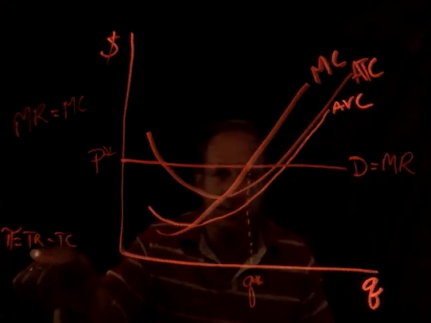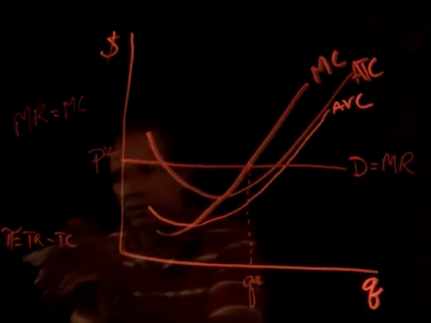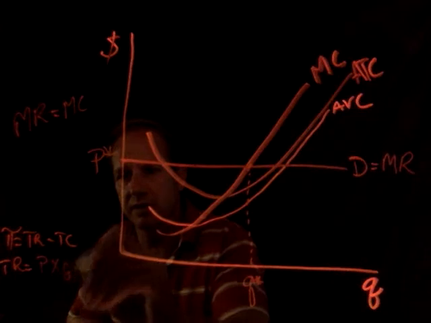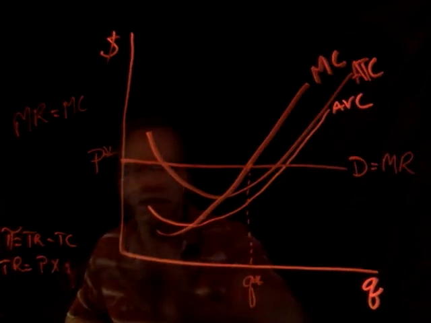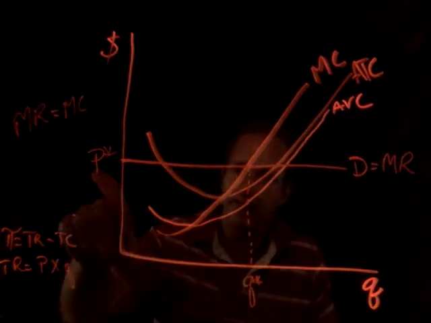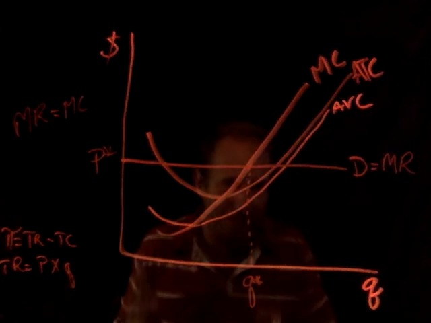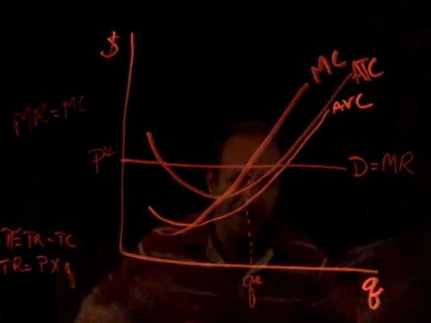Let's break these into their parts. Total revenue. What's total revenue? It's still what it was before. It's price times quantity. Even if I can't get a Q, it's price times quantity. And I have those things. Price times quantity. You know what? That's a rectangle. That's like base and height, or length and width, whichever you prefer.